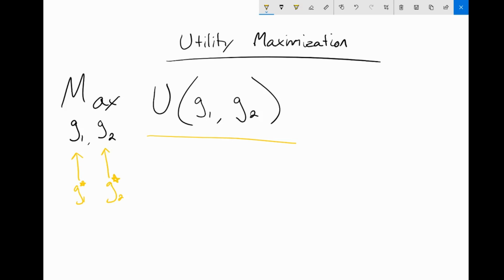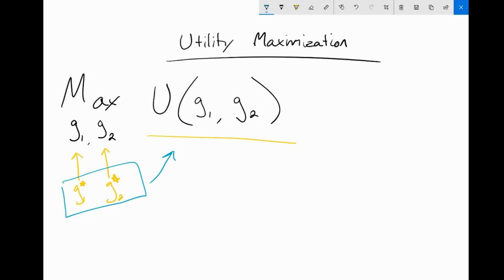Well, if they are rational agents, they will choose good one and good two such that it maximizes the utility. How much of good one and good two an agent will consume will be based on the amount of good one and good two that will maximize their utility.